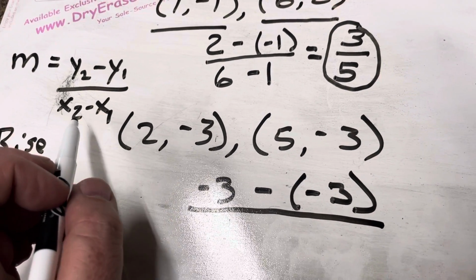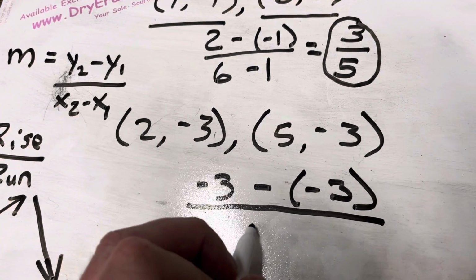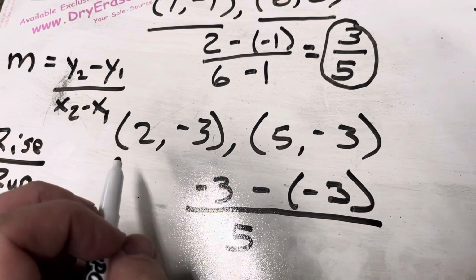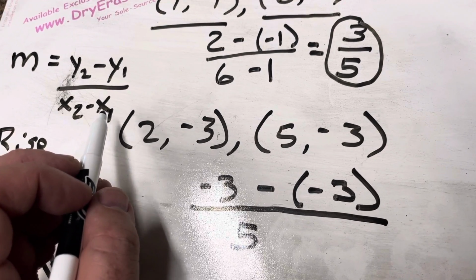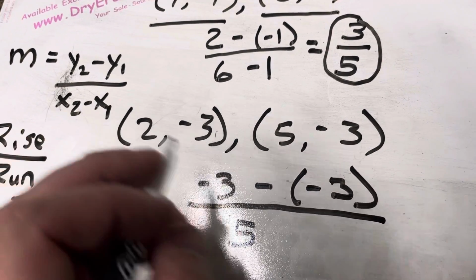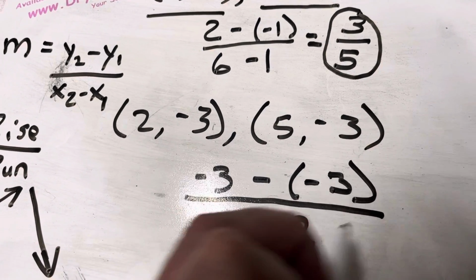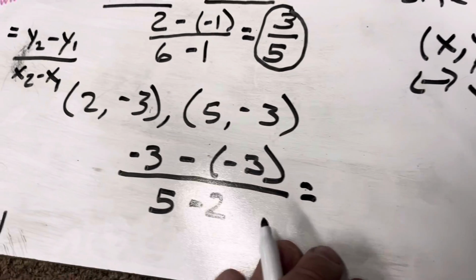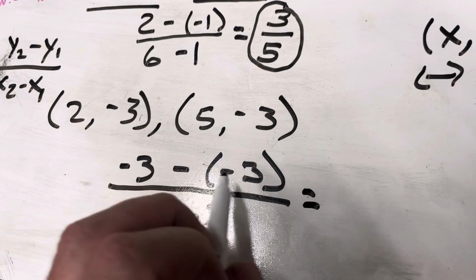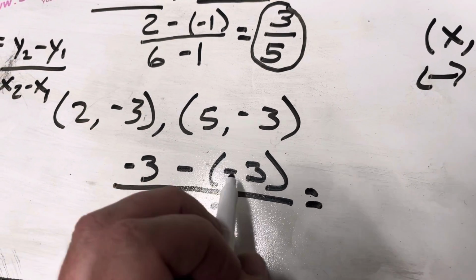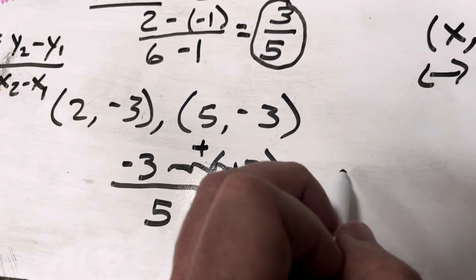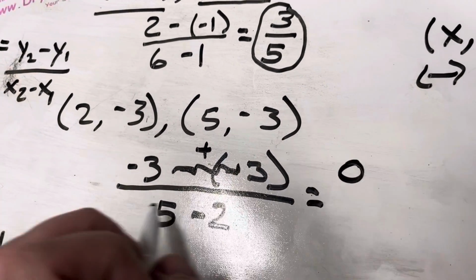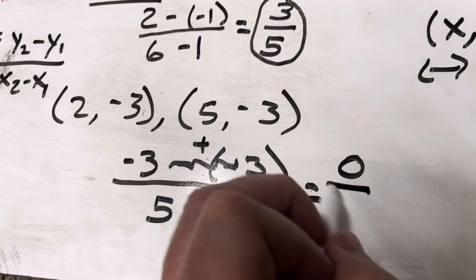My x in the second ordered pair is 5. My x in the first ordered pair is 2, so it's minus 2. -3 minus a -3. So this is like minus a negative, so it becomes a plus. -3 plus 3 is 0. 5 minus 2 is 3.